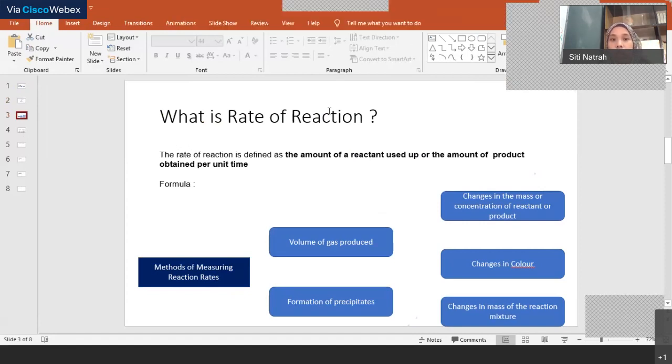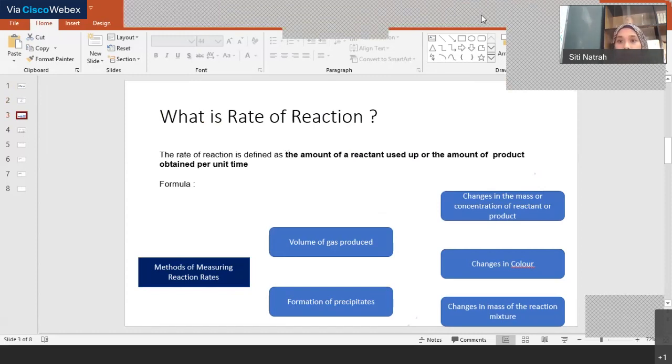The rate of reaction is defined as the amount of a reactant used up or the amount of product obtained per unit time. Actually dalam rate of reaction ni kita tahu kadar tindak balas dalam bahasa Melayu. So, kita ada formula dia juga. Macam mana kita nak dapatkan formula dia? Daripada definition ni.